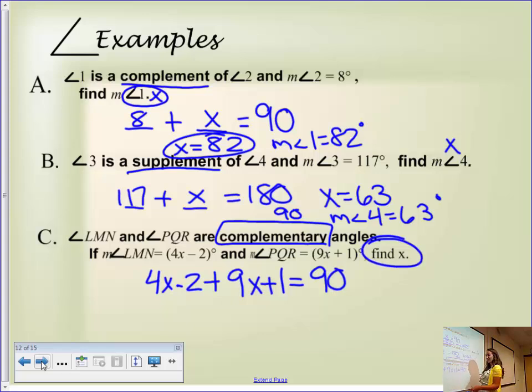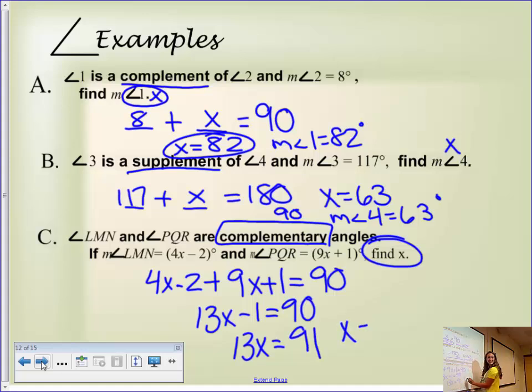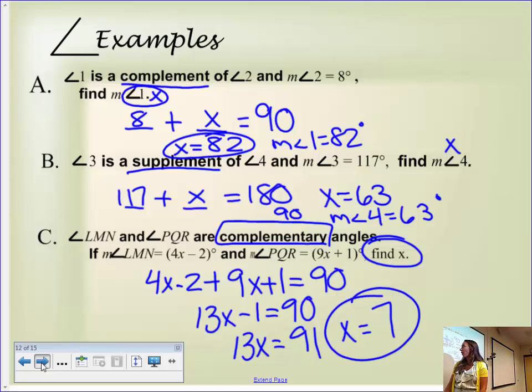If you can do it on your own, go ahead and do it. 13x, combine the like terms. Minus 2 plus 1 is minus 1, equals 90. So 13x, add the 1, gives you 91. x is equal to 7. And we're done. Moving right along.